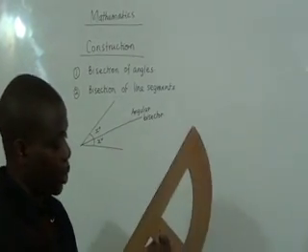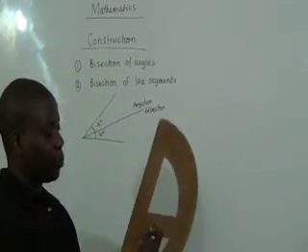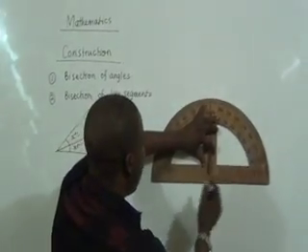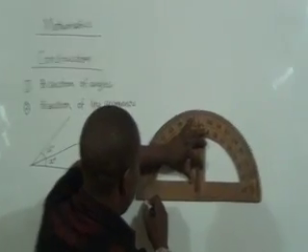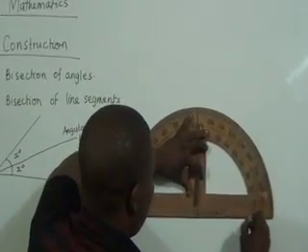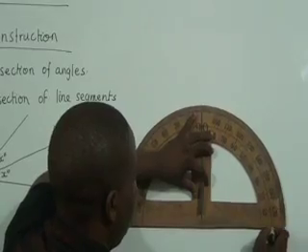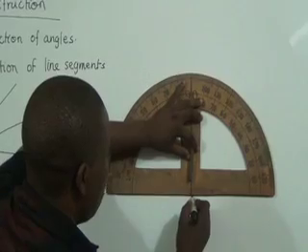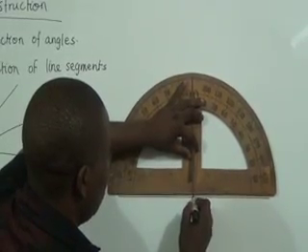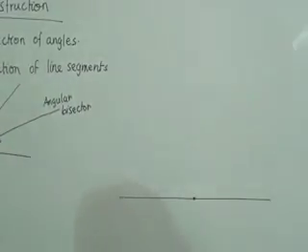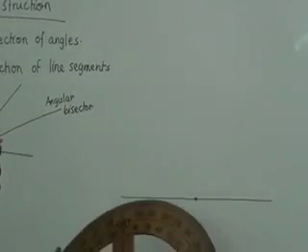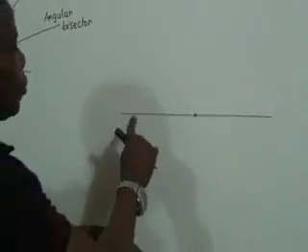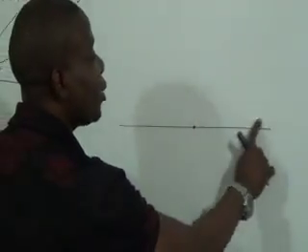Do as I do. Pick your protractor and draw a horizontal line. Then place your protractor in such a way that the baseline of your protractor lies on the line you've drawn.